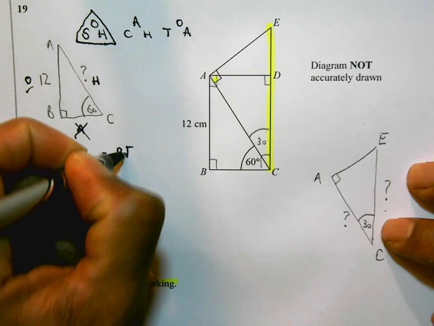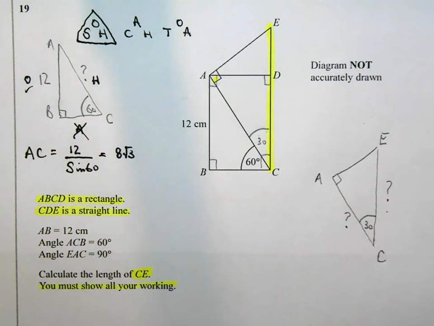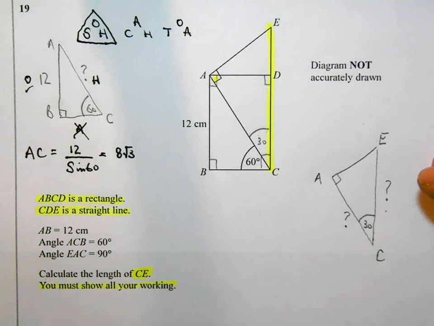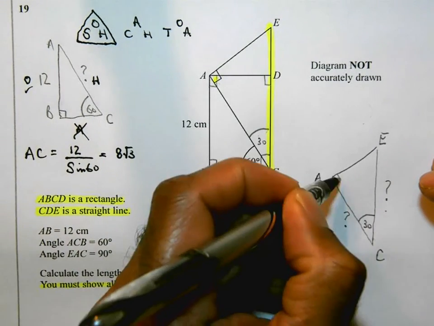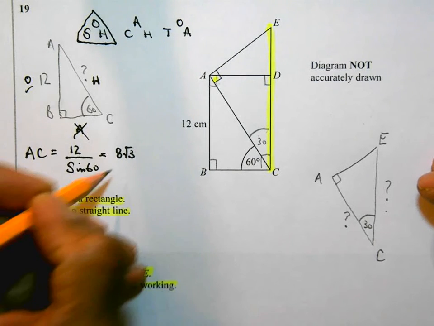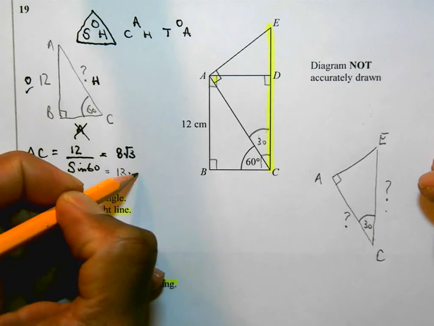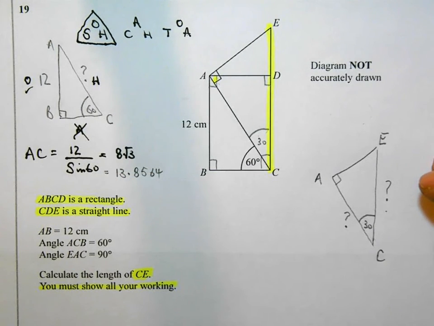You could write out the number, but you'll get little errors, margins of error, as this question continues. So what I know now is that AC is 8√3. I'm going to write that in here. I'll just give you the number answer if you decide to use it: 13.8564. So AC, I know, is 8√3.